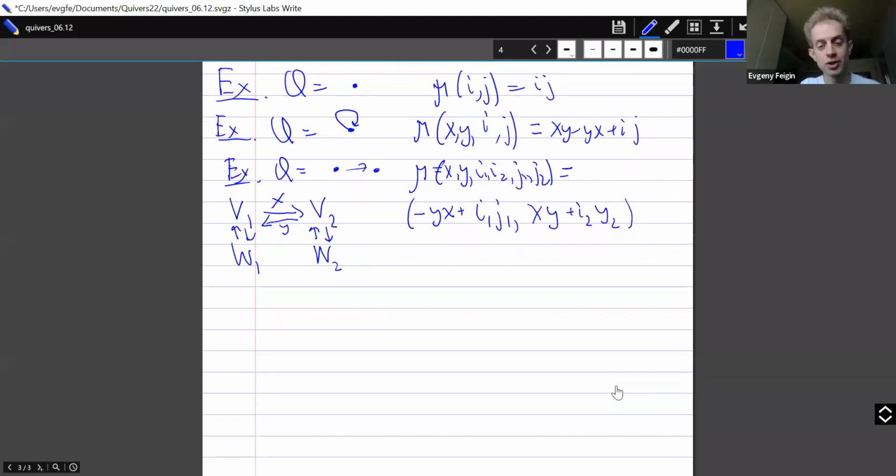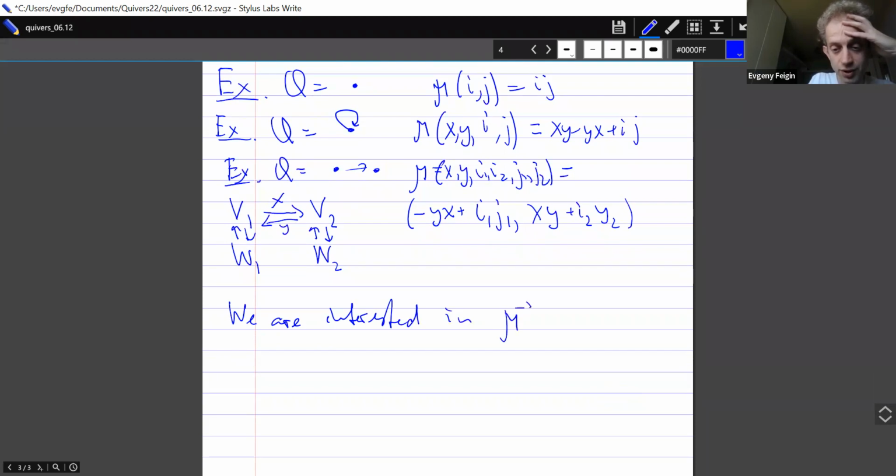So these are our examples, and now the idea is that we are interested in mu inverse of 0 modulo the action of GLV.